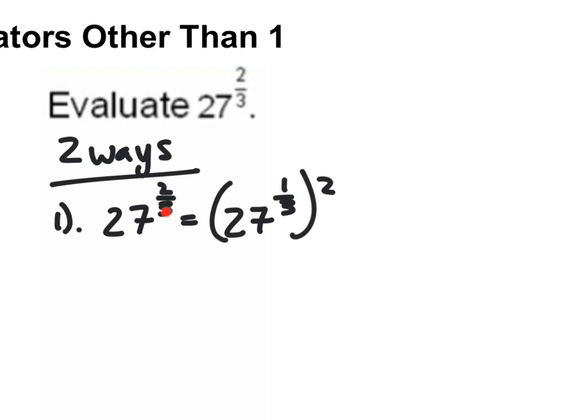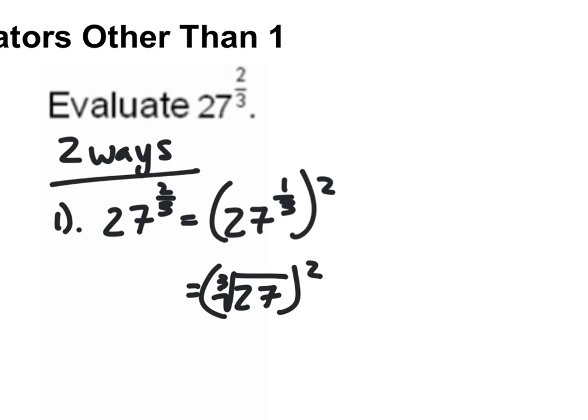All I've done is rewrite this: if I take 2/3, I can split that up into the product of 2 times a third, which I can then rewrite as a power raised to another power. I'm taking the cube root of 27 and then squaring it.